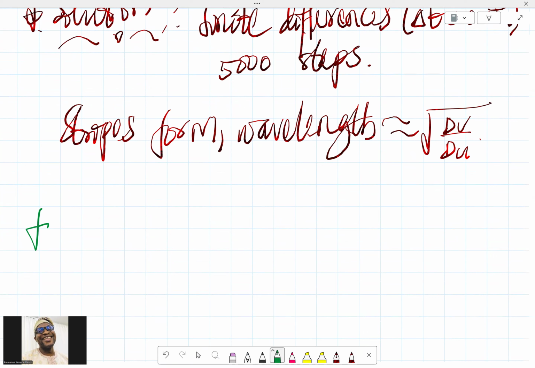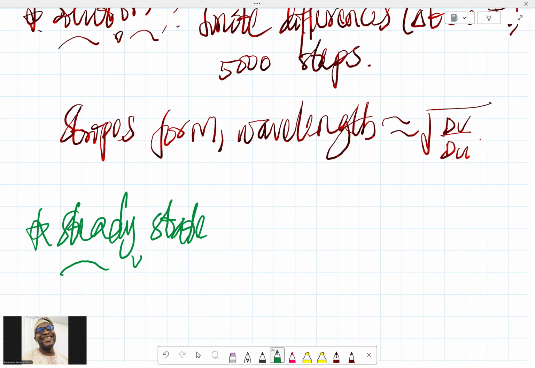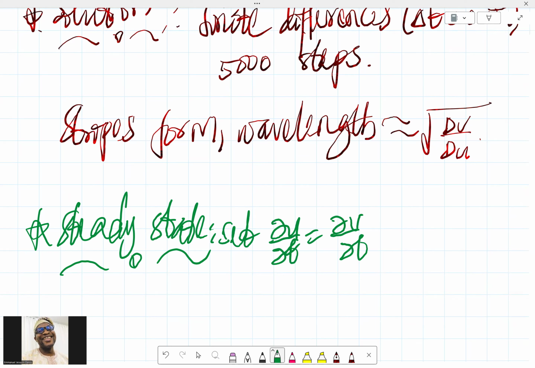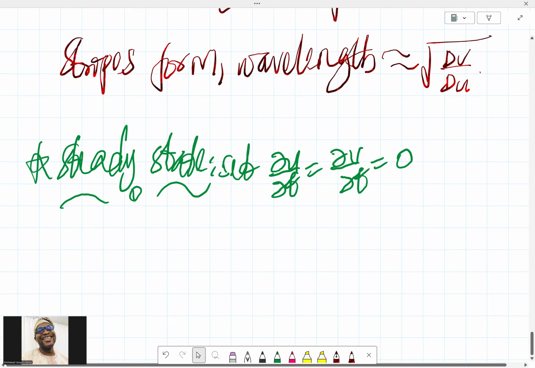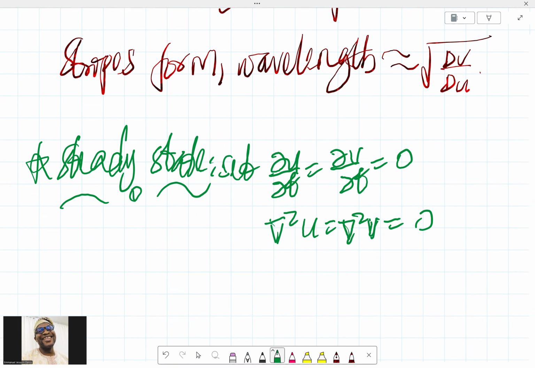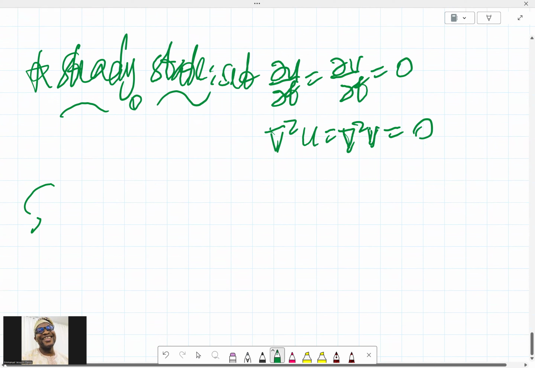For the steady state, of course, we know that happens when we set du dt equals dv dt equals 0. And we also have grad squared u equals grad squared v. Anything involving derivative just goes to 0. And then we now solve.